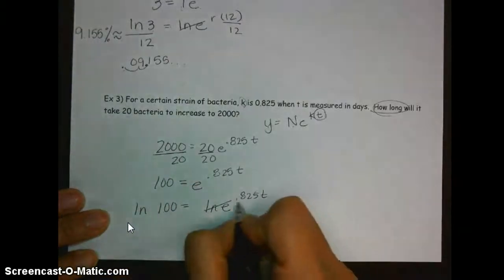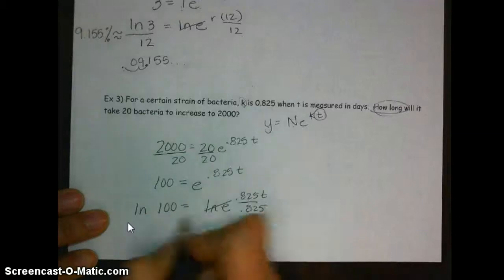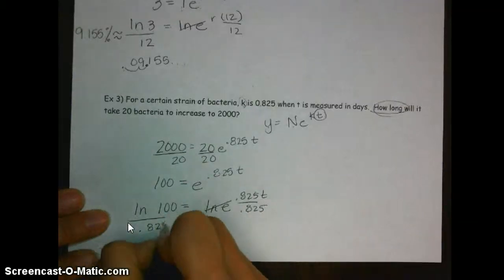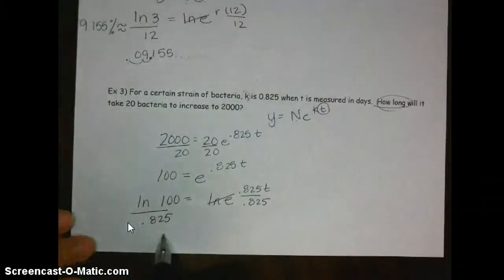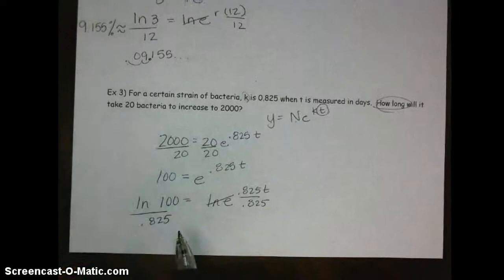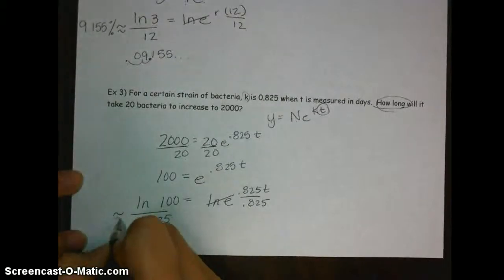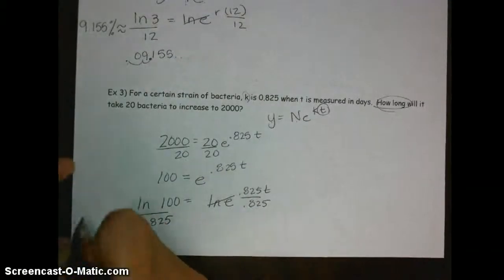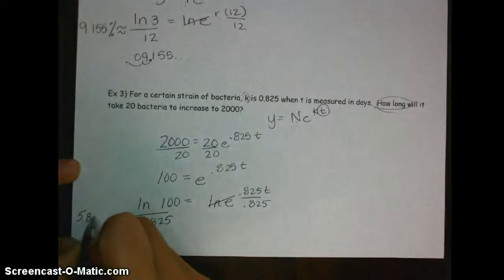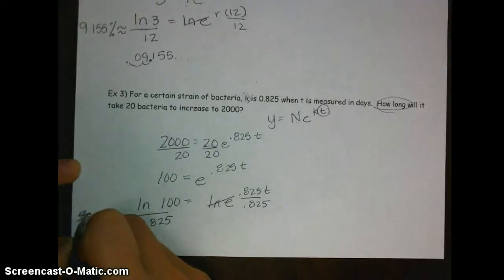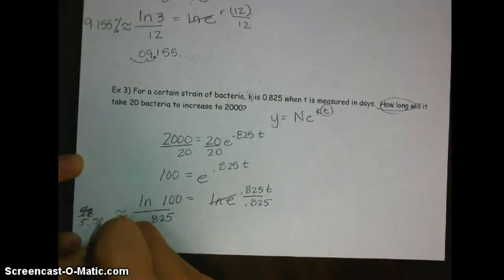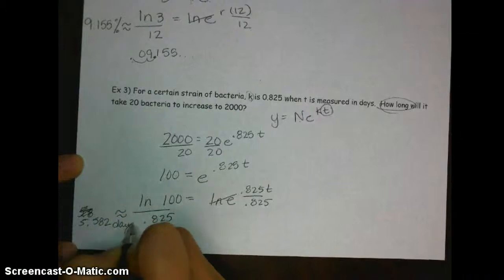And then to get t by itself, we just need to divide by 0.825. So again, this is my exact answer. And then we can approximate to 5.582 days.